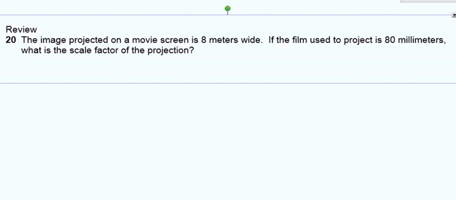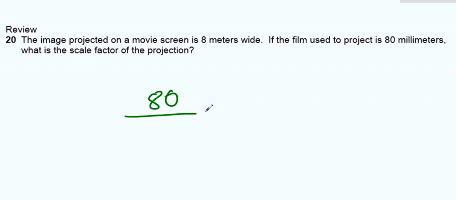Some older review questions. I think it's from the last framework. The movie screen is 8 meters wide and the film is 80 millimeters. What's the scale factor of the projection? So we take the original 80 millimeters over 8 meters, which is 8,000 millimeters.